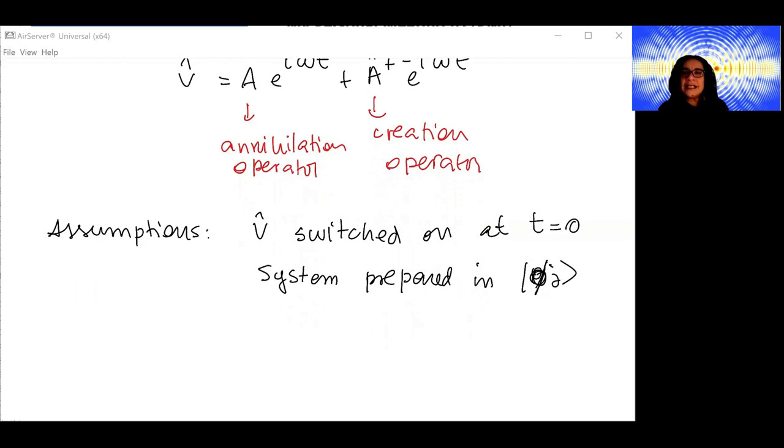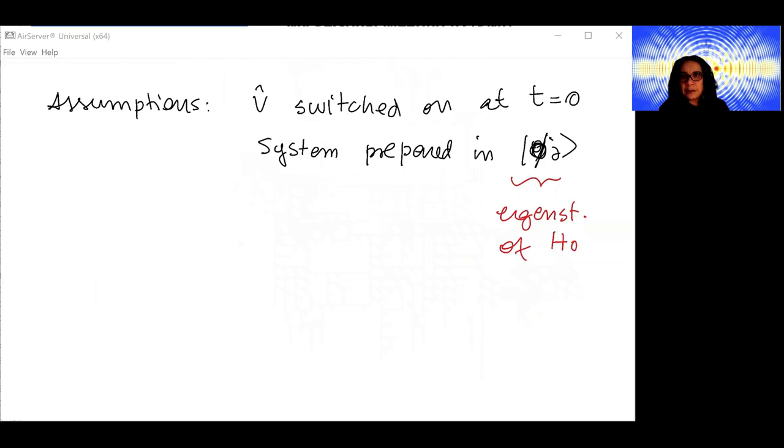So this is an eigenstate of H naught, which is our unperturbed Hamiltonian, and the energy associated with it is Ej.